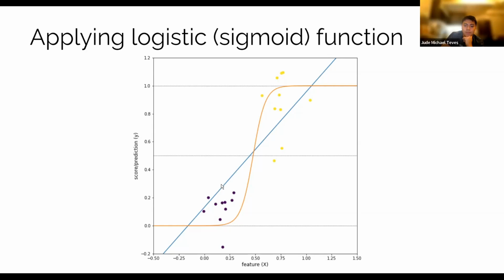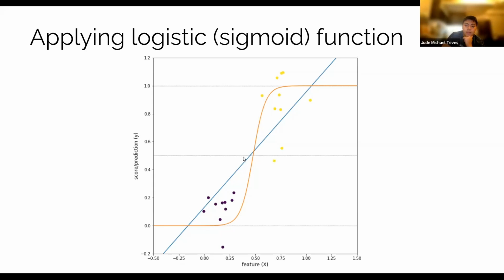With this 0.3 y value, what is it going to be after you apply the logistic or sigmoid function? You just look at the line here, 0.25. Based on the logistic function, it's now going to be 0 point something, a very low value.